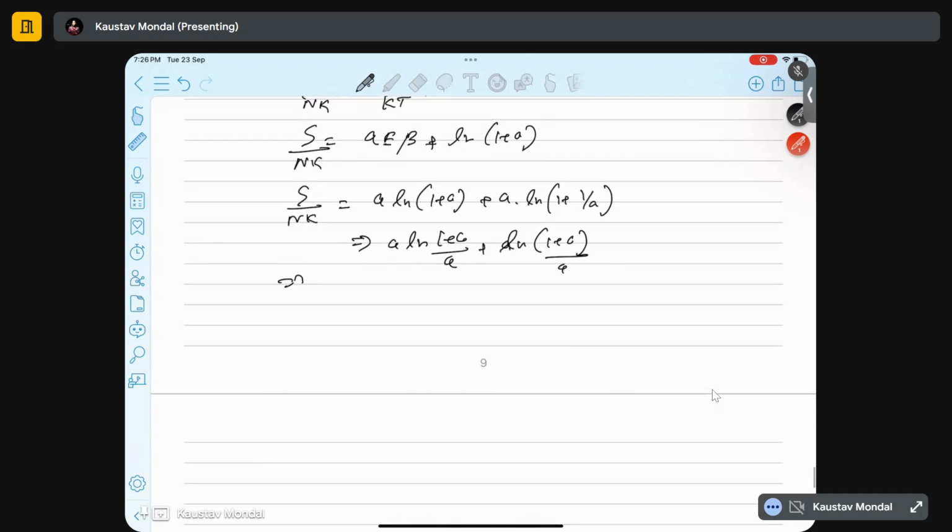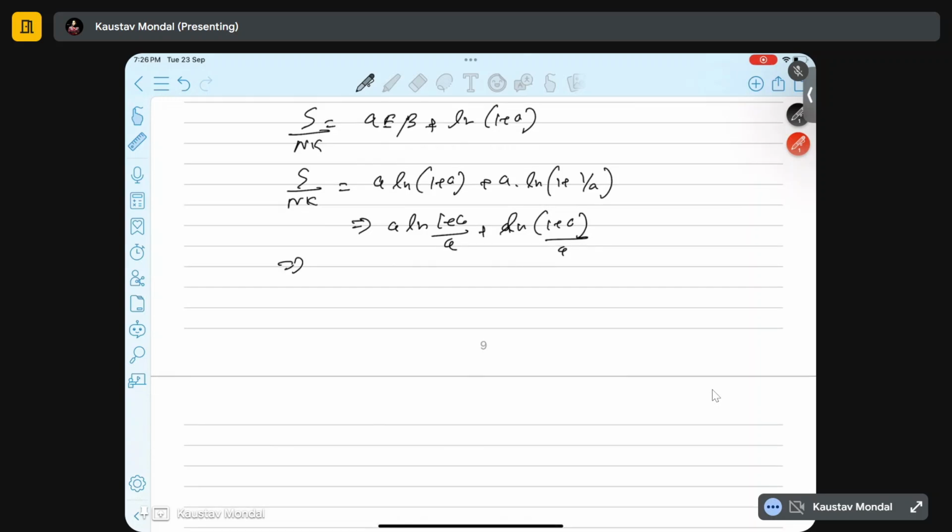Then you can take ln (1 plus A) as common. So this whole thing becomes Nk times ((1 plus A) ln (1 plus A) minus A ln A). Okay.